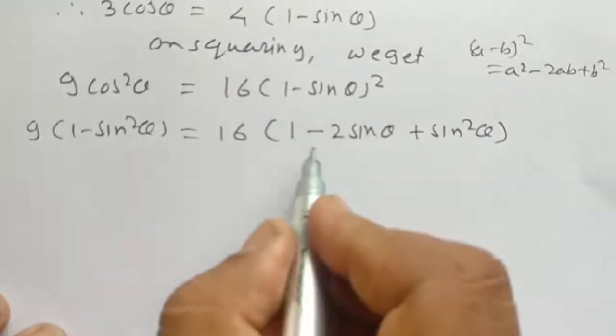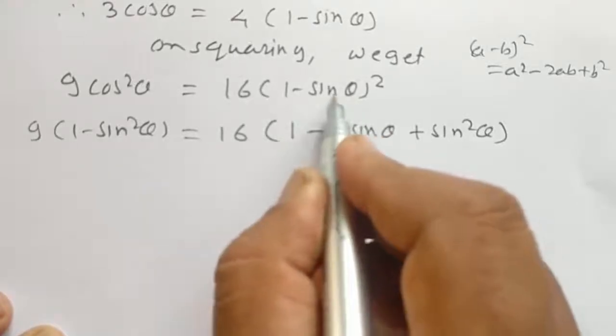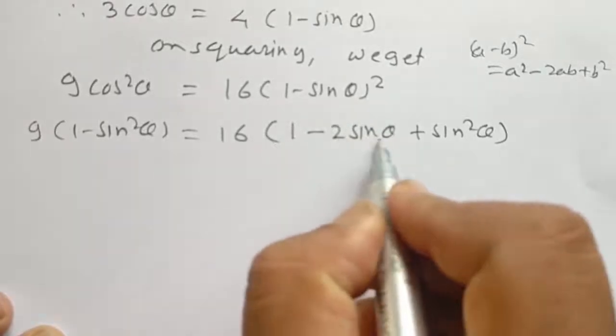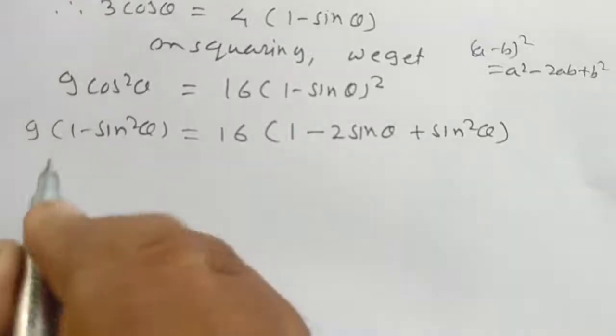Using this, we can find the square of (1 - sinθ): 1 - 2sinθ + sin²θ.